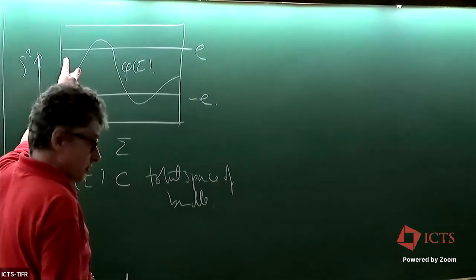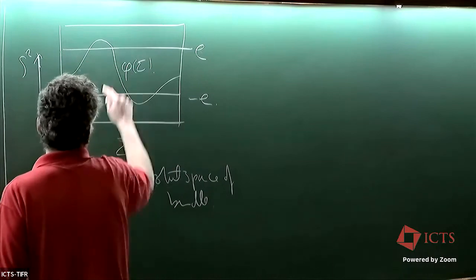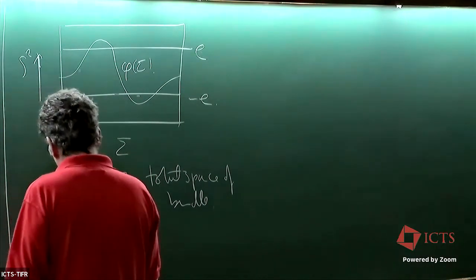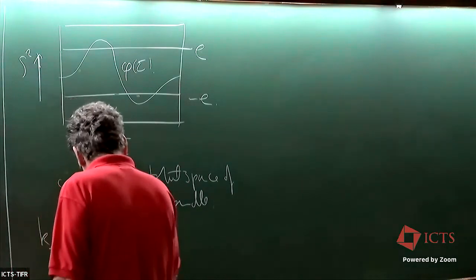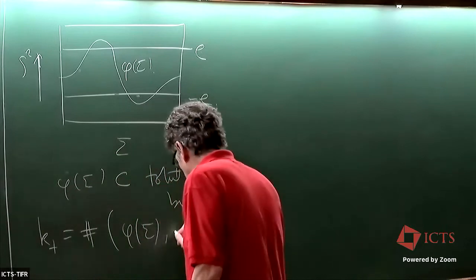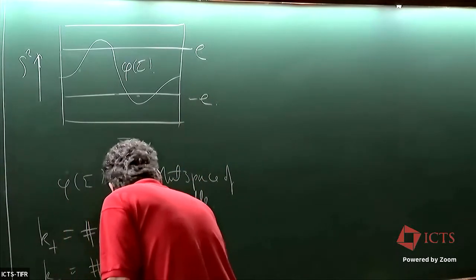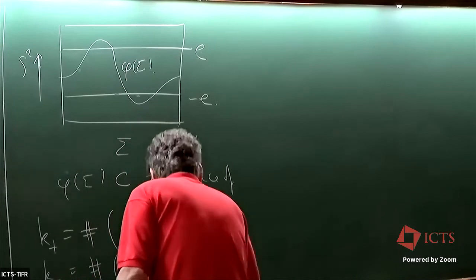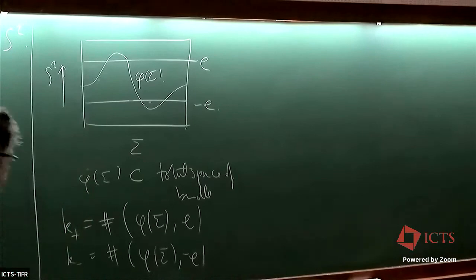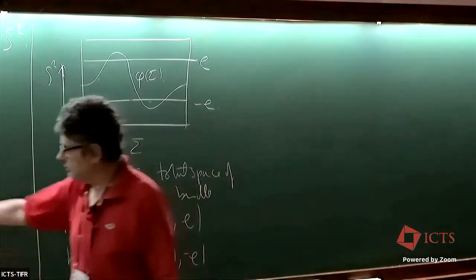And there are 2 intersection numbers. There's the intersection number of this manifold with this manifold, and the intersection of this manifold with this manifold. So we can define 2 intersection numbers: the intersection of the image of the section with the North Pole section, and the intersection of the image of the section with the South Pole section. And they again are topological invariants because intersection numbers are topological invariants. But they're not independent of one another once we've fixed n.